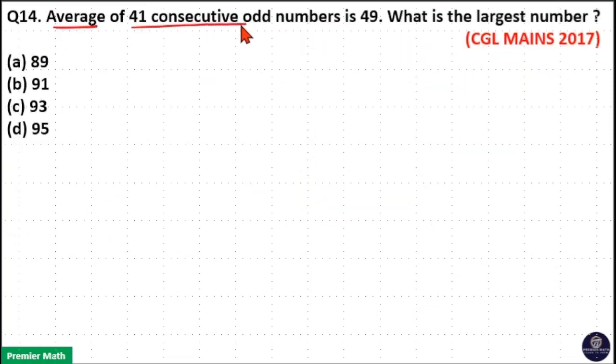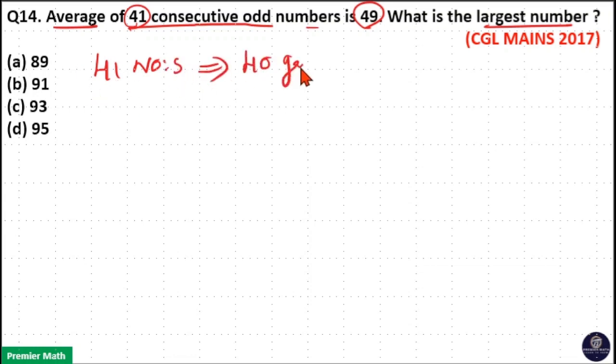Average of 41 consecutive odd numbers is 49. What is the largest number? Here 41 numbers means there are total 41 minus 1, 40 gaps between these 41 numbers. Now average is 49 means the middle number is 49.